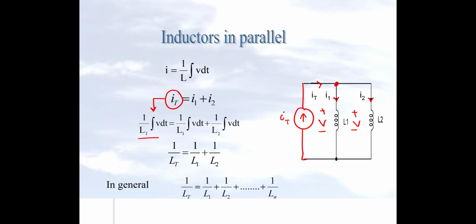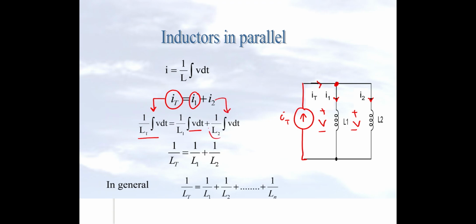Okay, now I can use the inductor physics to replace I1. So I1 would be 1 over L1 integral of the voltage across L1, which is the same as the voltage across L2, which is the same as the voltage across the current source. Same for I2.